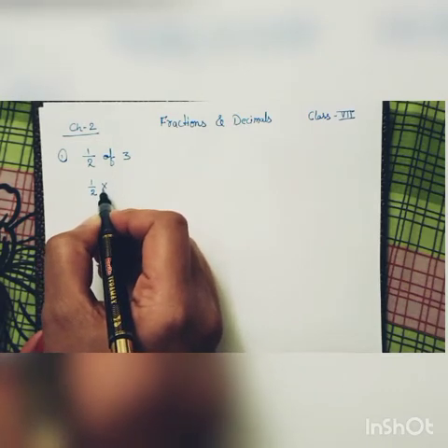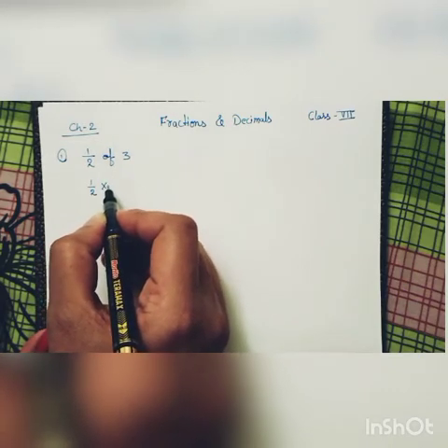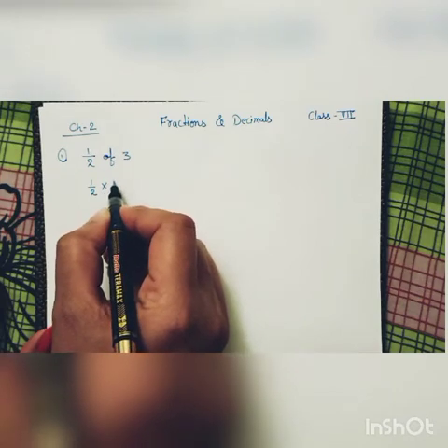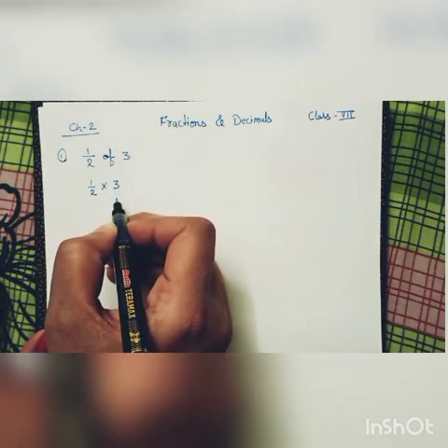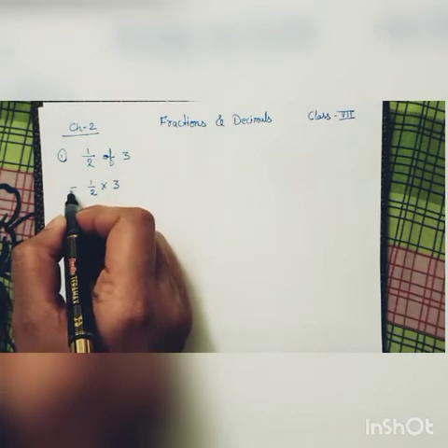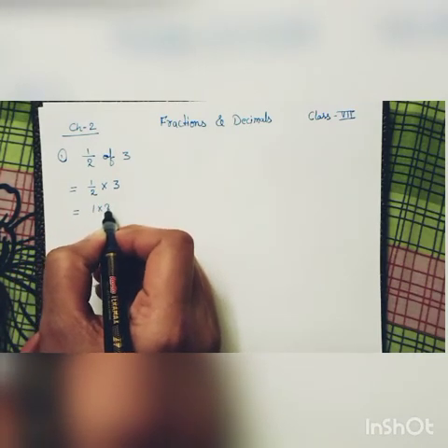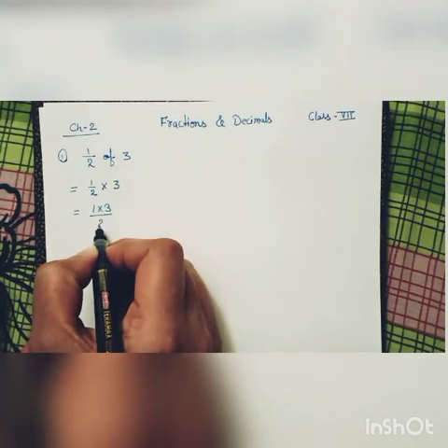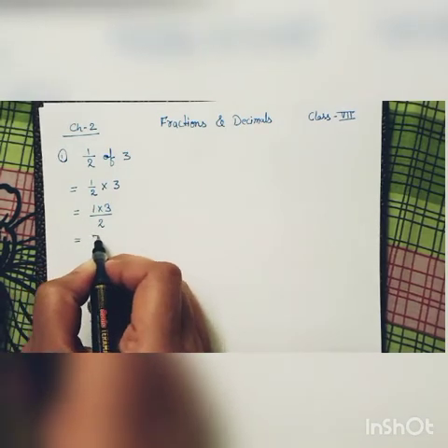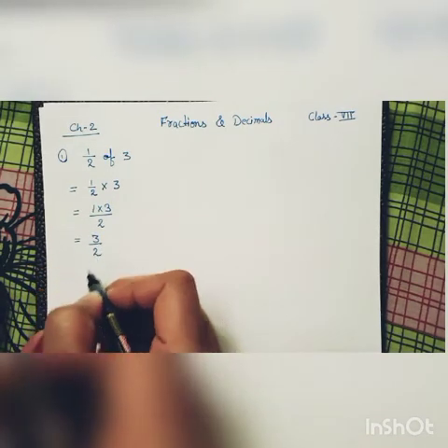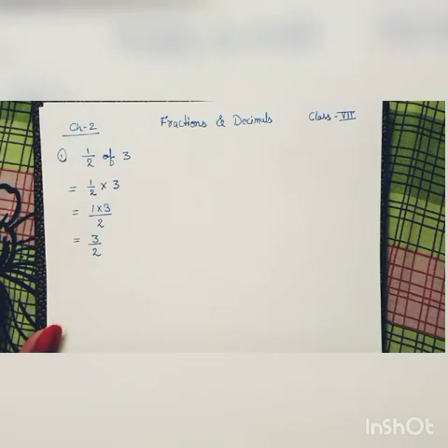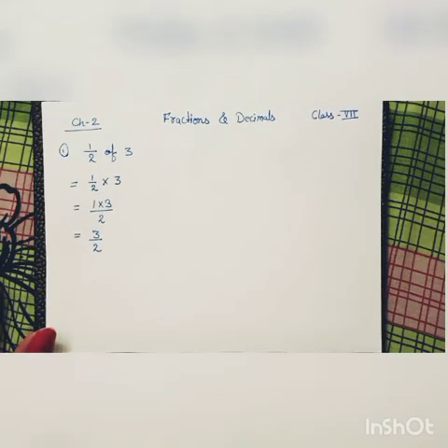So in our calculation we'll put a multiplication sign over here and do the same calculation. So it will be 1 multiplied by 3 and divided by 2, and the answer will be 3 by 2. In case of multiplication, sometimes it will ask to reduce the equation also.